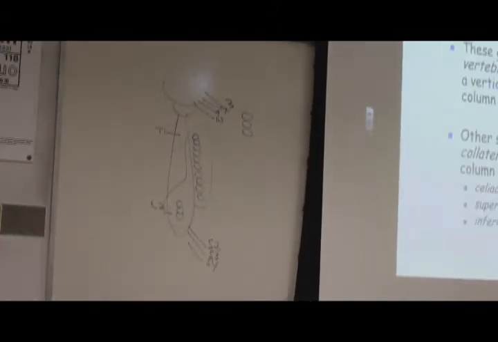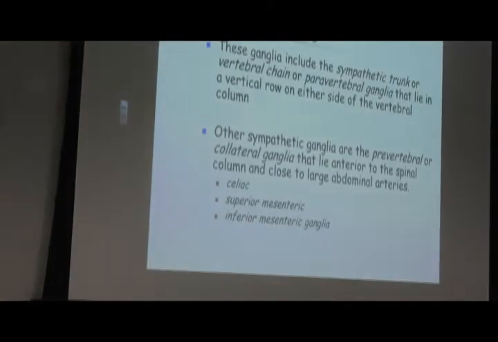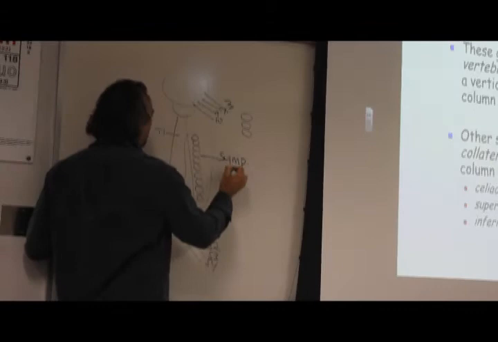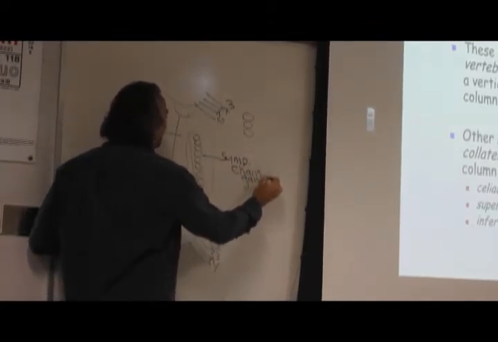So we'll go a couple more slides here and figure out what's what here. Let's see. Here's my sympathetic ganglia. So again, which one's sympathetic chain ganglia? That's the one that looks like a chain. That would be good to know. So we call these guys here my sympathetic chain ganglia. It has another name too.